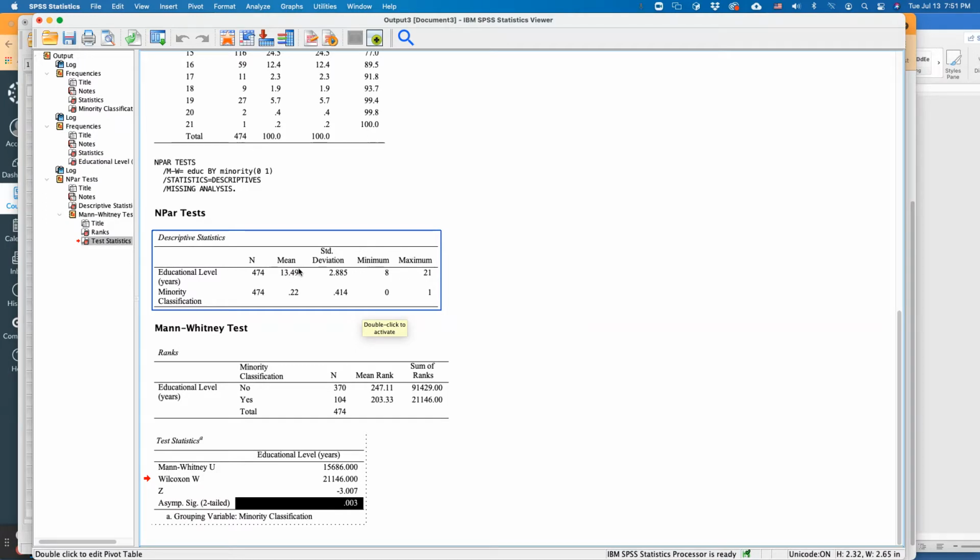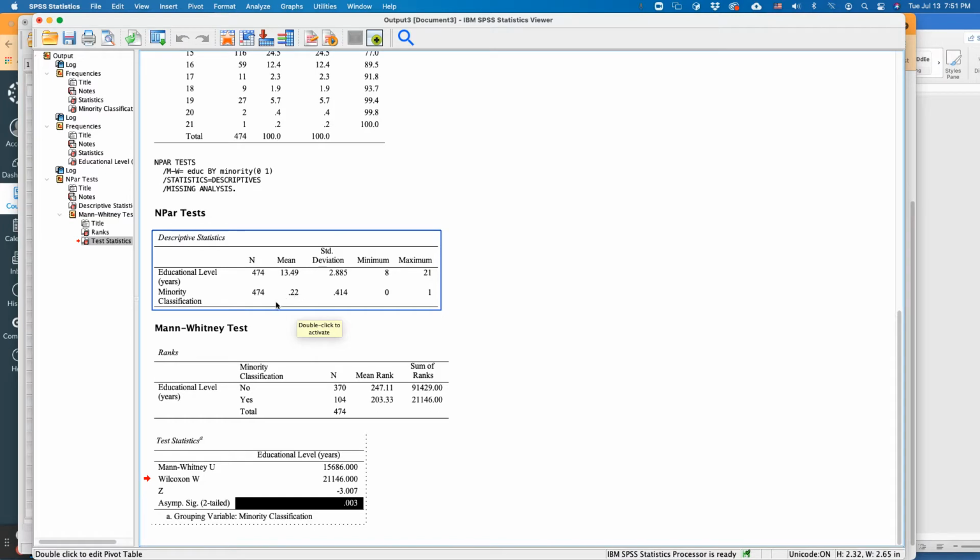As far as the average number of years of education for the entire group, it is 13.49. All right, and we have a minimum of 8 and a maximum of 21. So it's not normally distributed. It's not continuous, right?